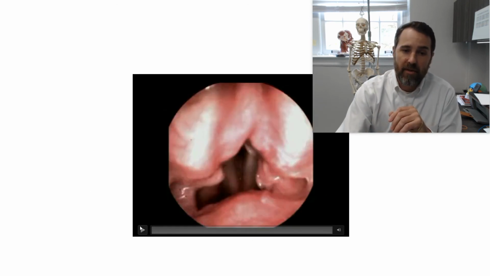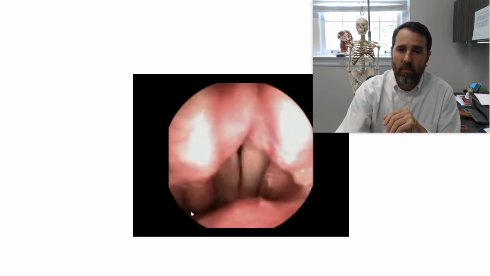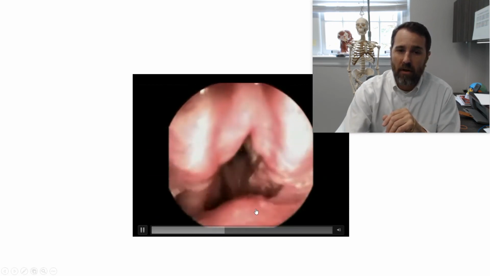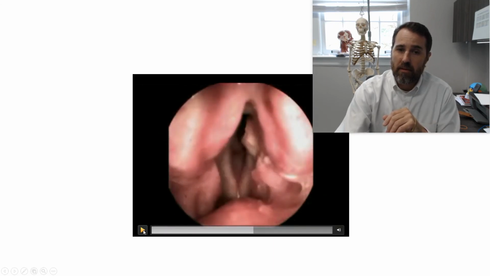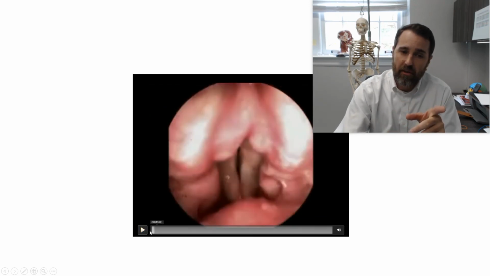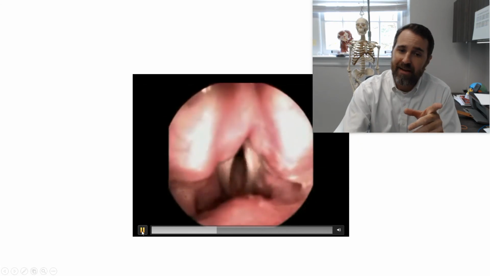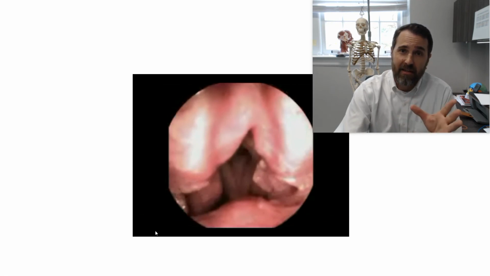All right, so let's look at this video. It's going to go in slow motion, showing you vocal fold vibration. So vocal folds are being blown apart, sucked back together. This action that you're looking at, that's not abduction and adduction, that's vocal fold vibration. The vocal folds are adducted.